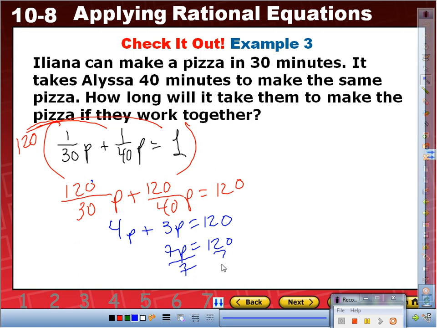Divide by 7, divide by 7. P equals, let's see, what is it? 17 and 1/7 minutes.